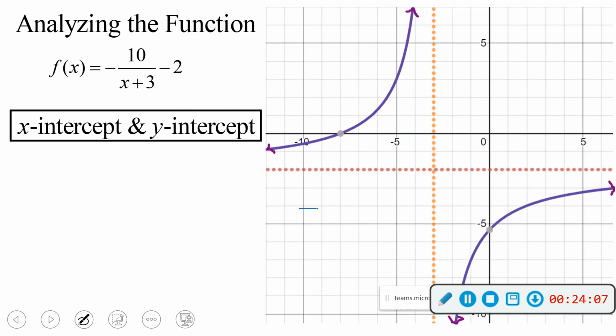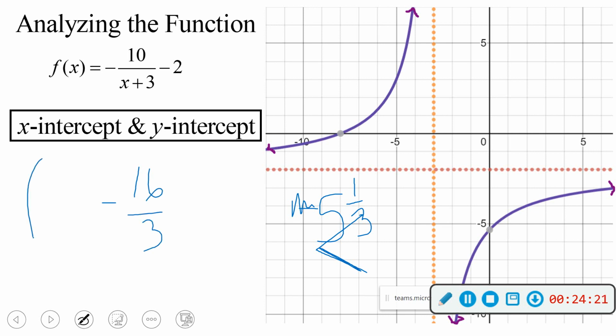So -5 and 0.333 is 1/3. So I want to change it back into an improper fraction. Forget about the negative. 3 times 5 is 15, plus 1 is 16. 16/3, there's a negative, and for the y-intercept, it's first 0, and then that quantity. That gives me an exact, precise answer without any rounding.